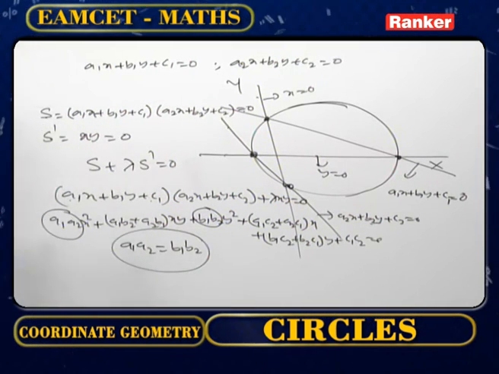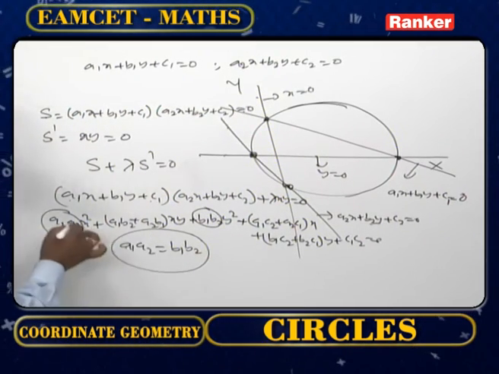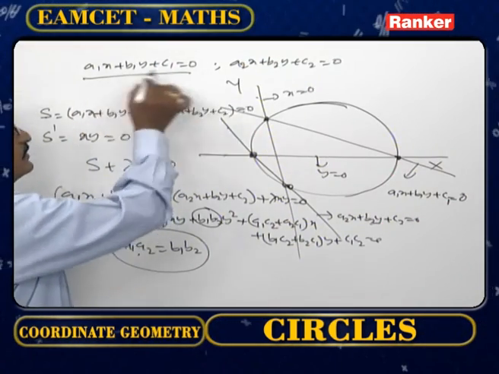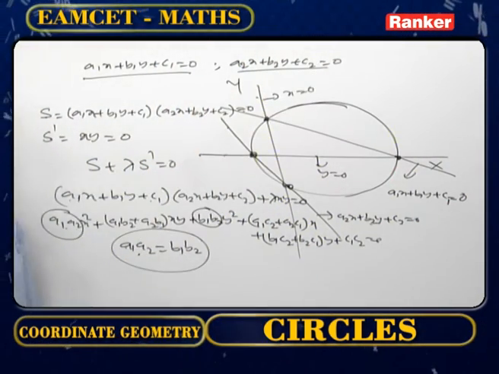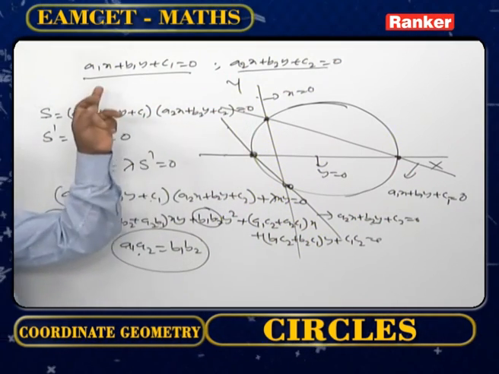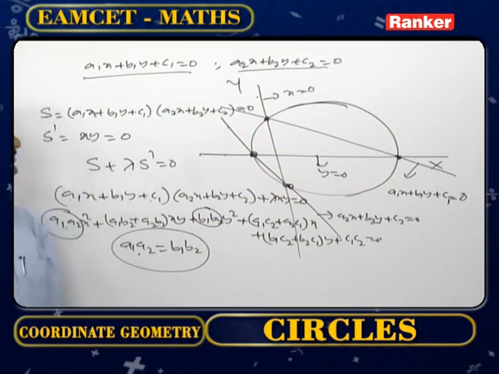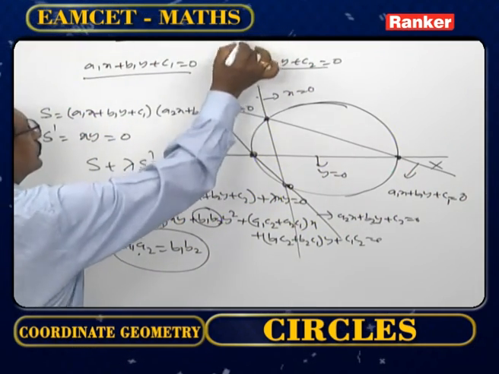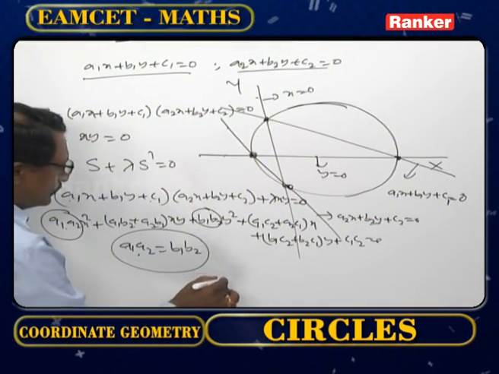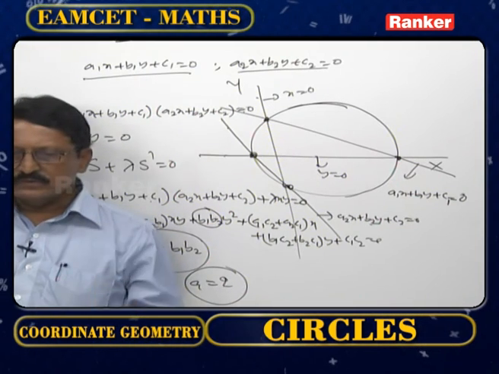If the lines a1x plus b1y plus c1 equals to 0 and a2x plus b2y plus c2 equals to 0 intersect the coordinate axis in concyclic points, then a1 a2 equals to b1 b2. Here a into 1 equals to minus 1 into minus 2, which is 2. Now the value of a equals to 2. First option.